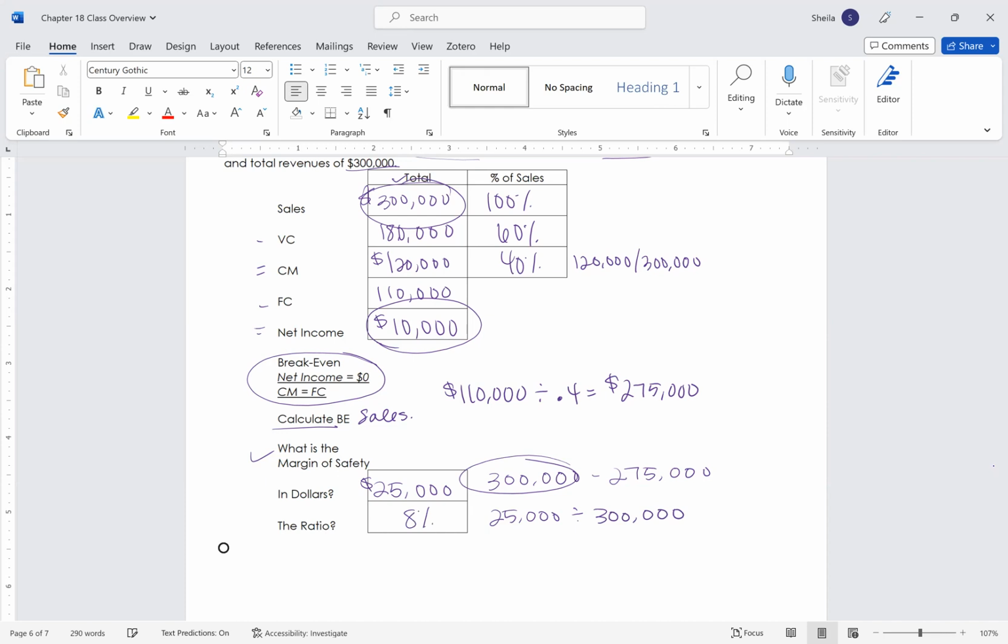So that means my sales could drop by 8%, which a lot of investors and analysts will talk about: growth in revenue and declines in revenue, with revenue and sales being the same thing. And that's all tied to understanding this cost-volume-profit analysis.